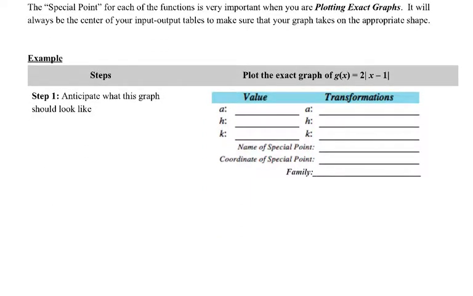Okay, so we're going to do an example of plotting exact graphs. This is putting everything from what we just went over into one, and it's making it nice and easy for us. Taking a look at this equation, we are going to start with the a, h, and k. I see that there's an a of +2. h is opposite of the inside, so it's +1. And I don't see any k hanging out over here, so it's 0.